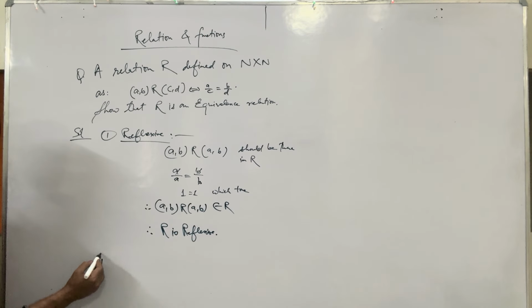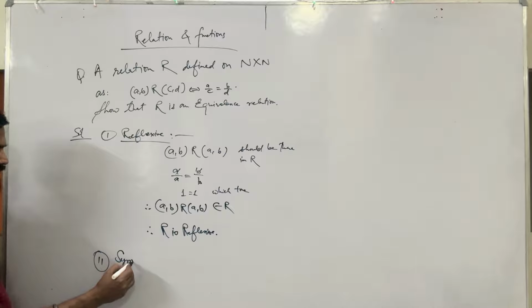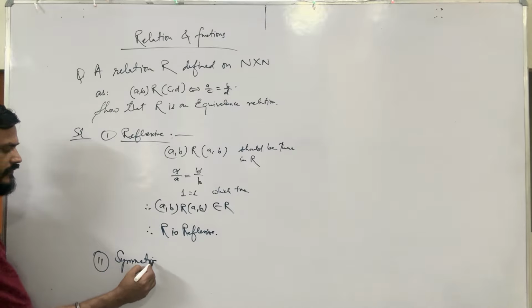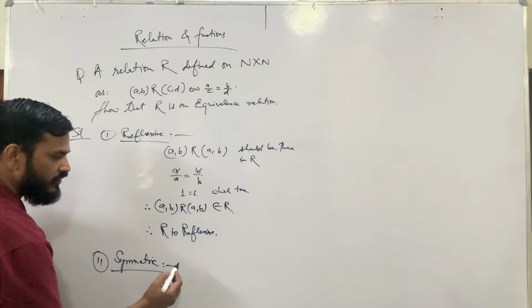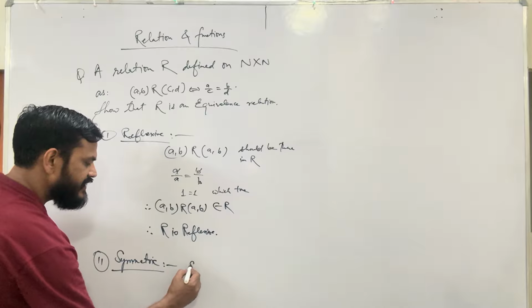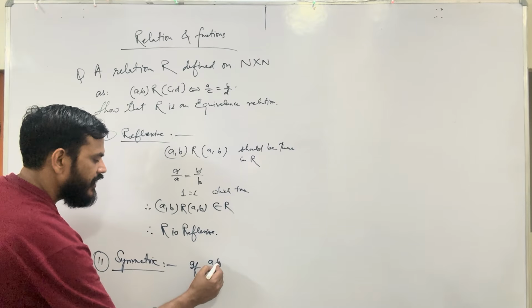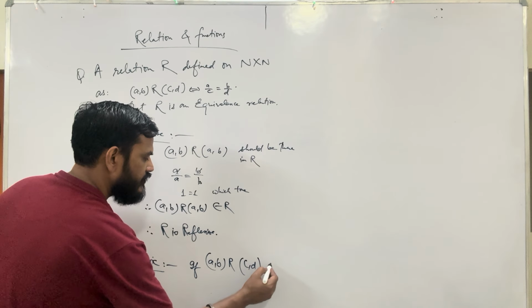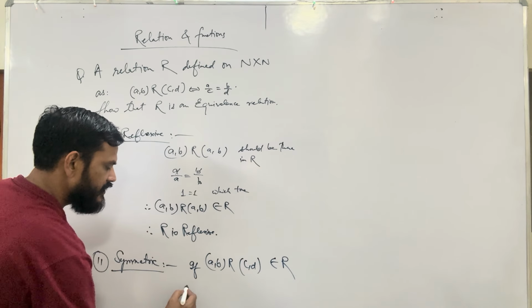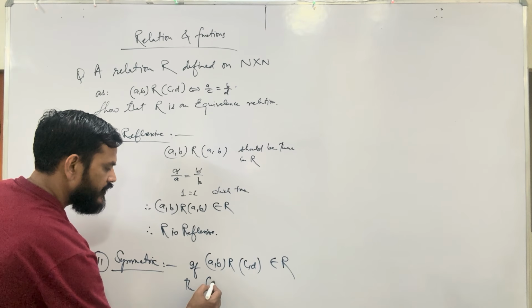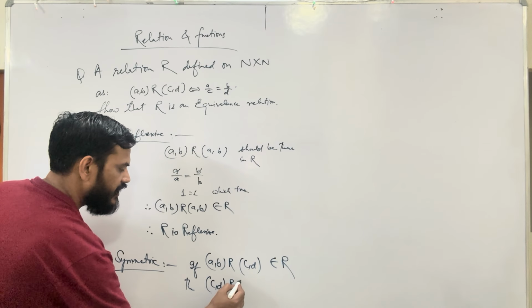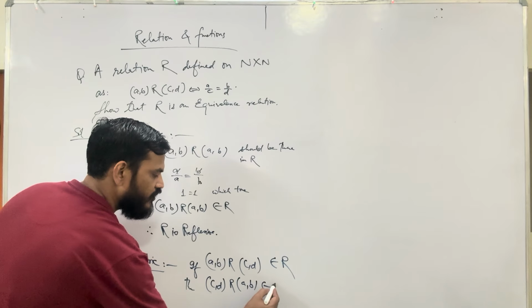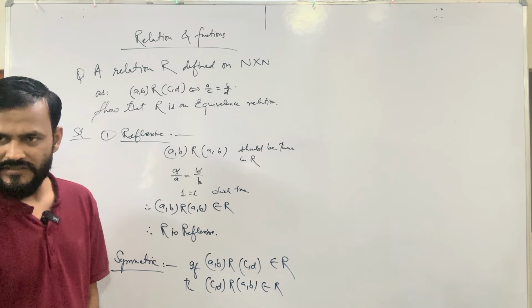Now we go to symmetric. Now symmetricity says if (a, b) R (c, d) belongs to R, then (c, d) R (a, b) should also belong to R, right?